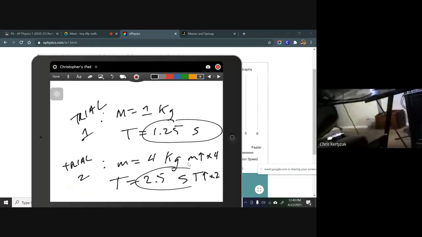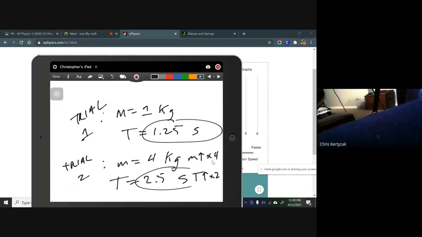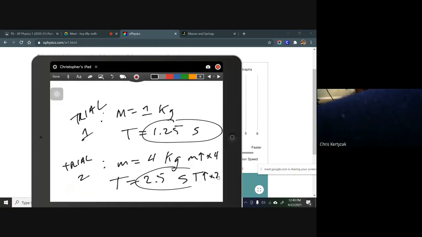So that tells me if the mass goes up by a factor of 4, square root of 4 is 2. The period goes up by a factor of 2. That tells me there's a square root relationship between mass and period. Now I can say, all right, the period is proportional to the square root of the mass.